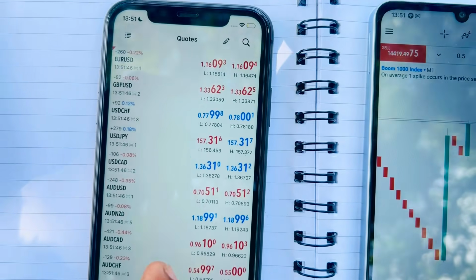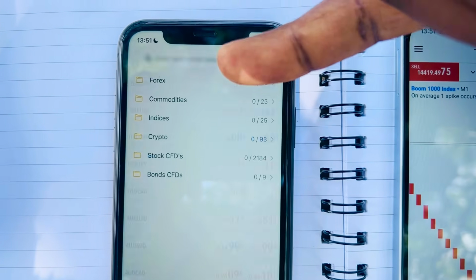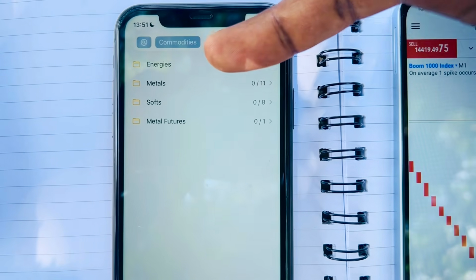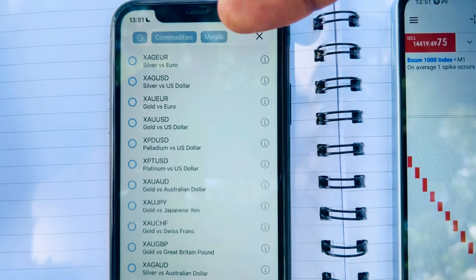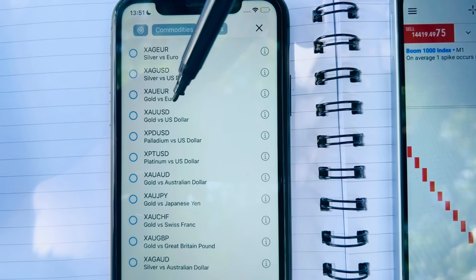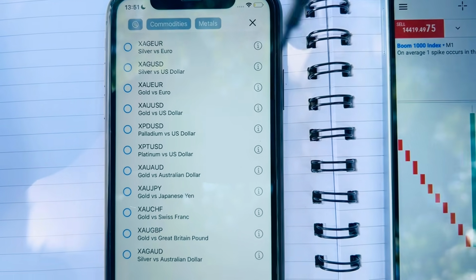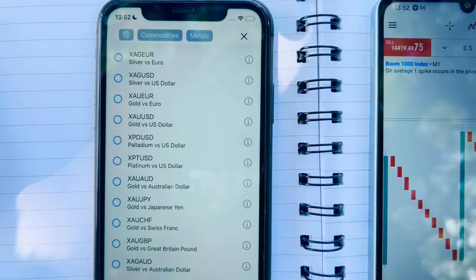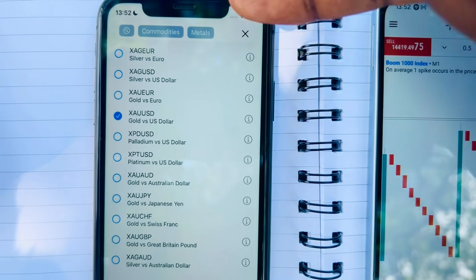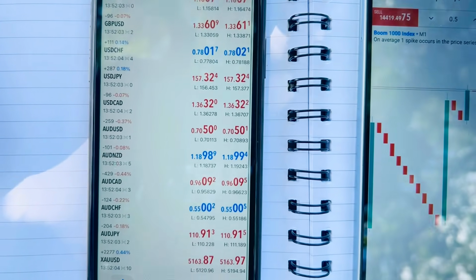I also trade commodities, including the metals. We're talking about silver and gold, but I prefer to trade gold because it's more volatile. I trust some of you will understand this. If you don't understand, let me know.